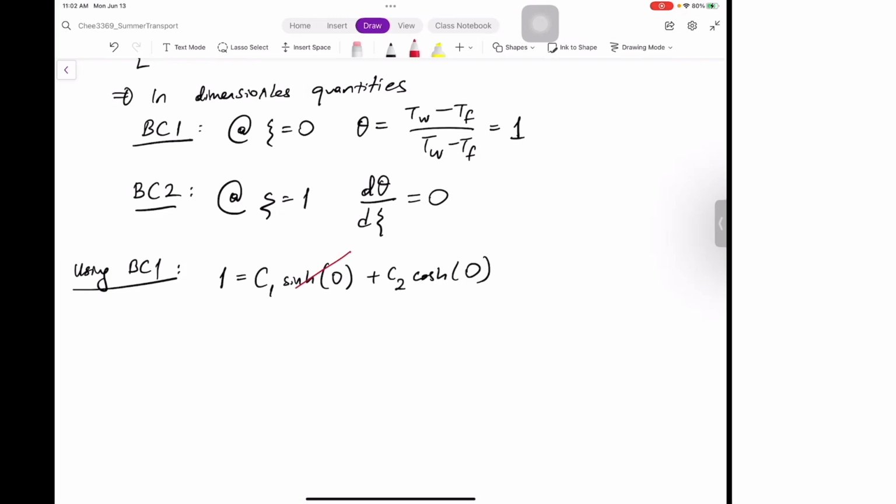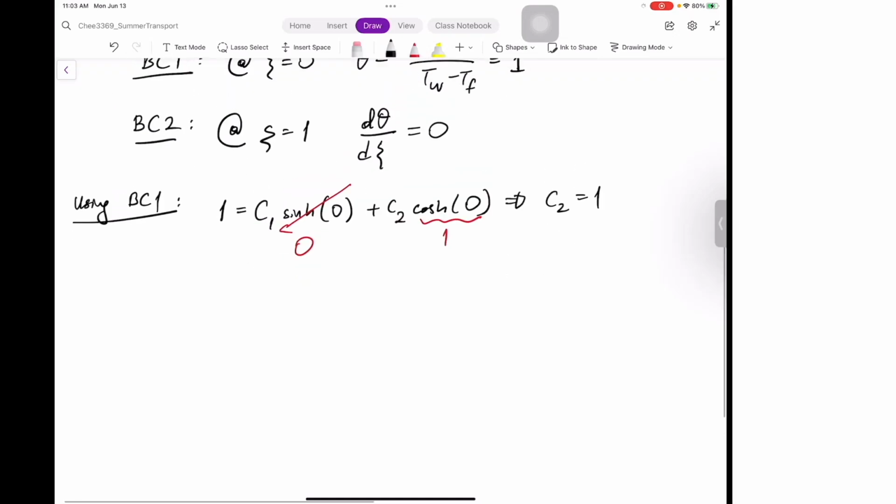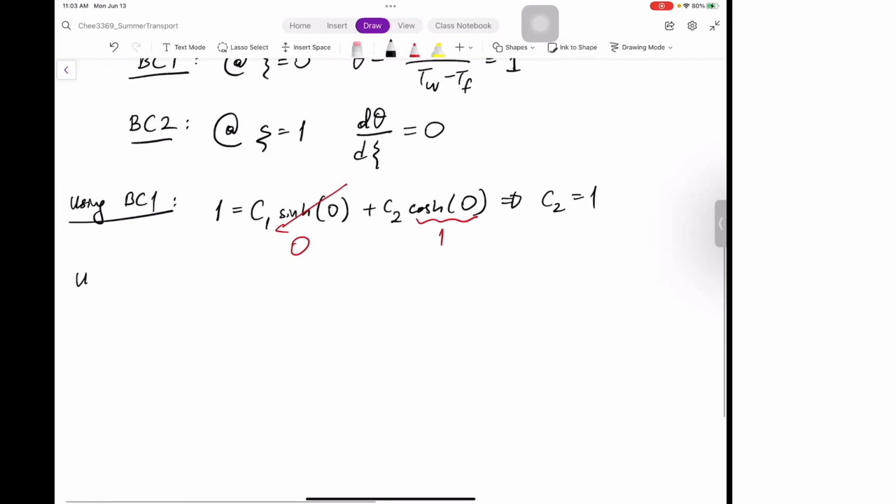And we know that the sine hyperbolic 0 is 0 from here, and cosine hyperbolic 0 is 1. We found that C2 is equal to 1. Okay, we found the C2. Now, let's find the C1. Now, let's use boundary condition 2.